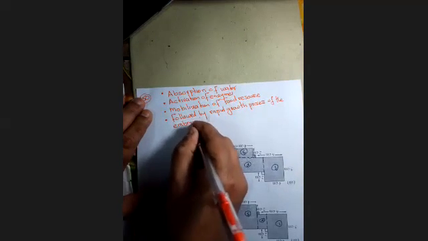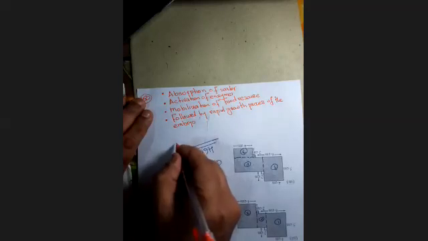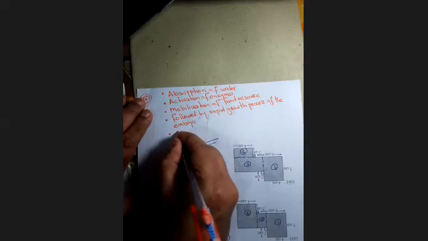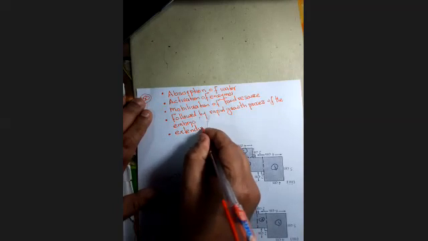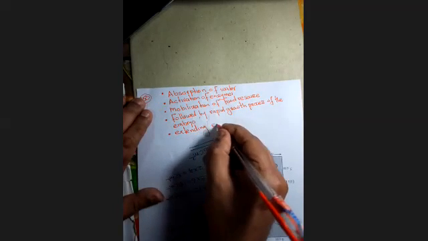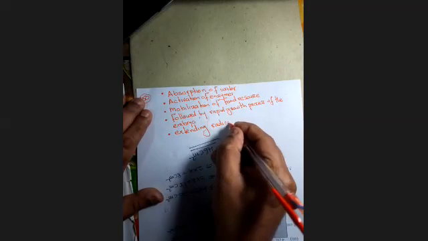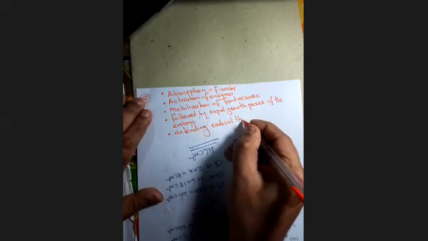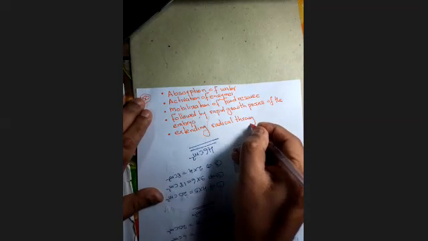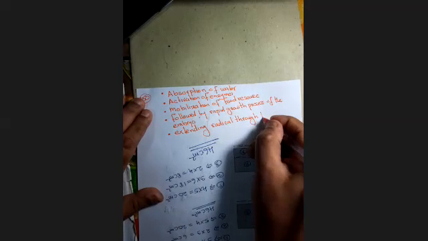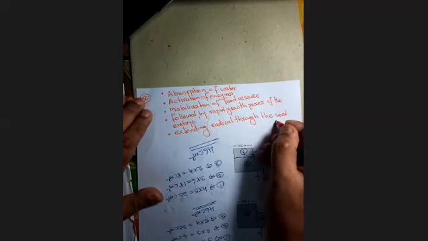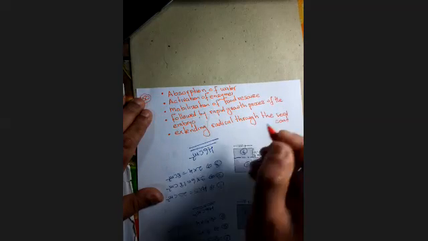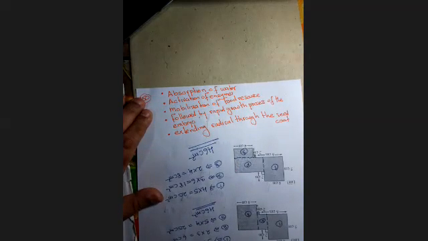Extending radical through the seed coat. Remember, radical is the first root.